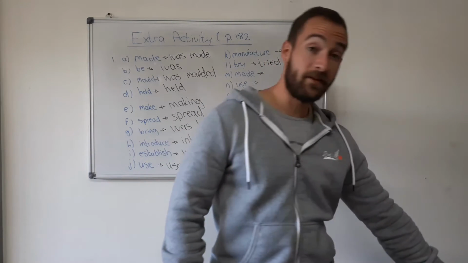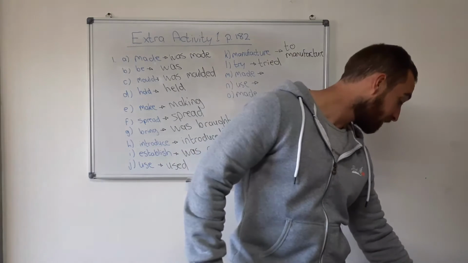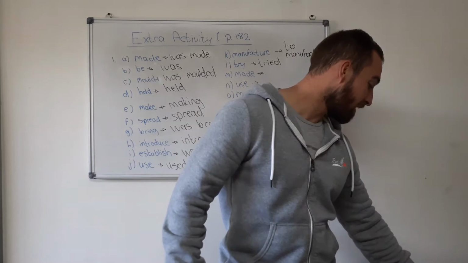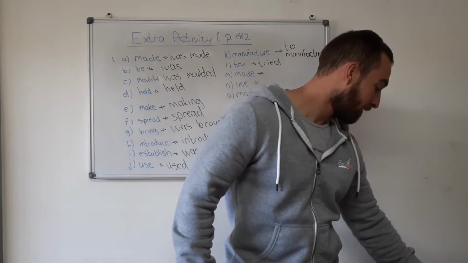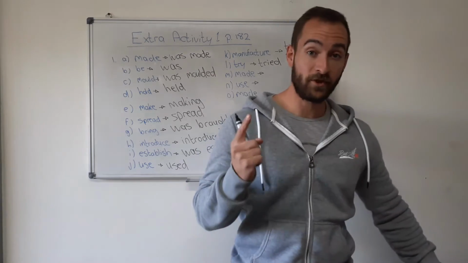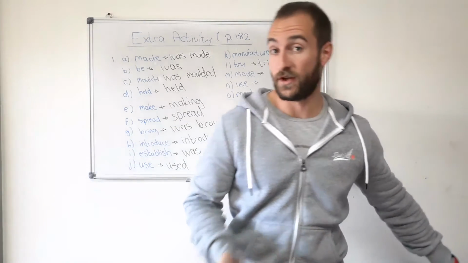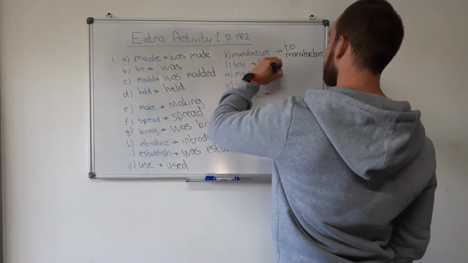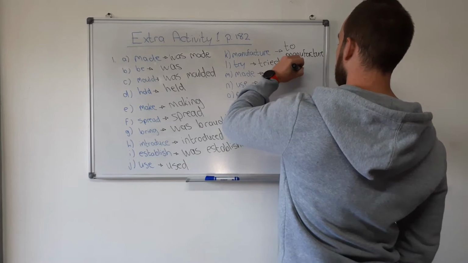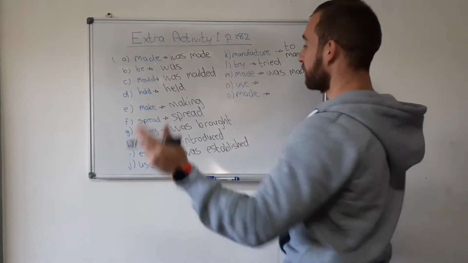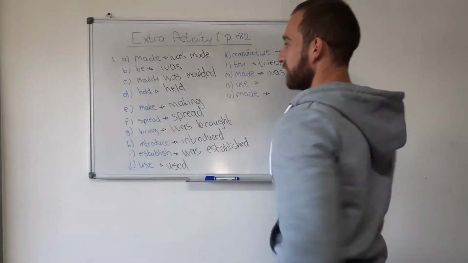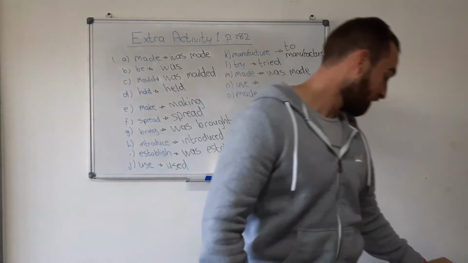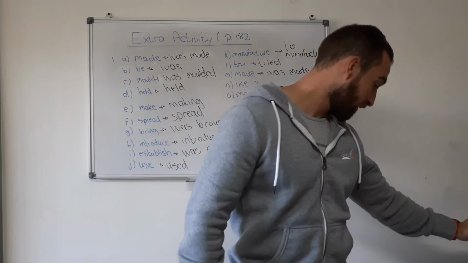Here we go. In 1798, the first machine made to produce paper. So here we've got one machine, so it's singular. We also know it needs to be past tense, so it just becomes was made. Almost identical rules-wise as the first sentence, or the first word you had to change.